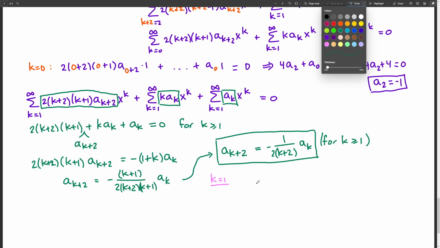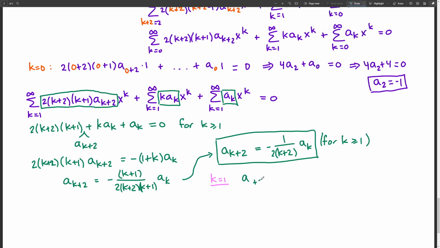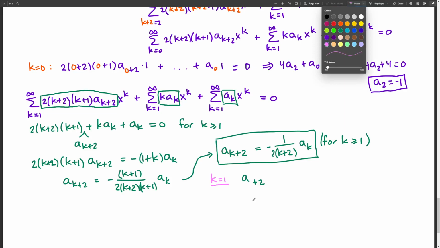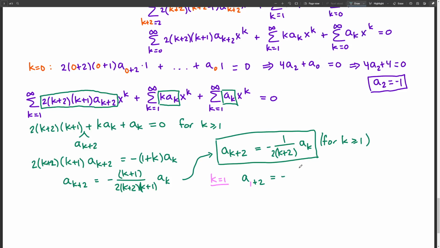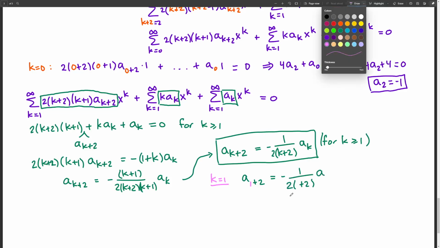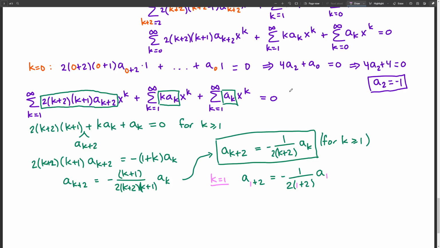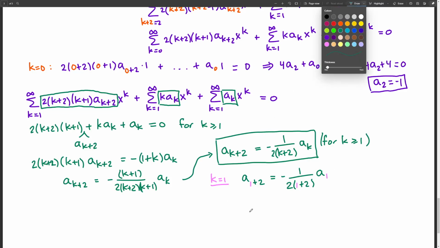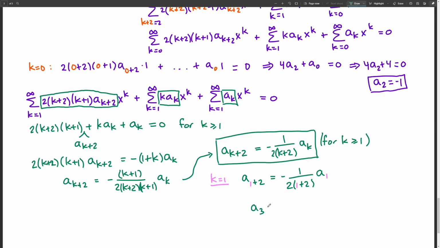And what we get is that a sub 1 plus 2 is equal to negative 1 over 2 times 1 plus 2 times a sub 1, or a sub 3 is equal to negative 1/6 times a1.